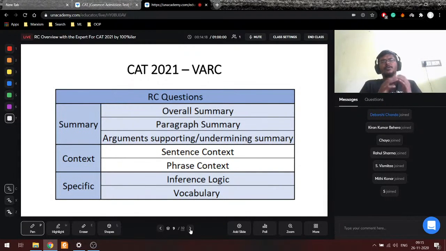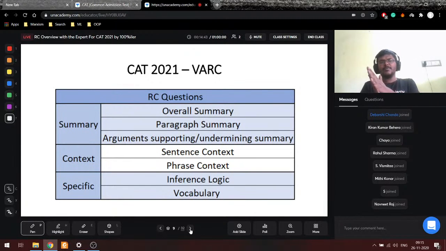Third is the most difficult one under the summary section, that is, argument supporting and undermining summary. Suppose it is given that this is the argument the author is trying to make through the passage, and which of these options, 1, 2, 3, 4 or A, B, C, D, would support or undermine the argument of the author the most.